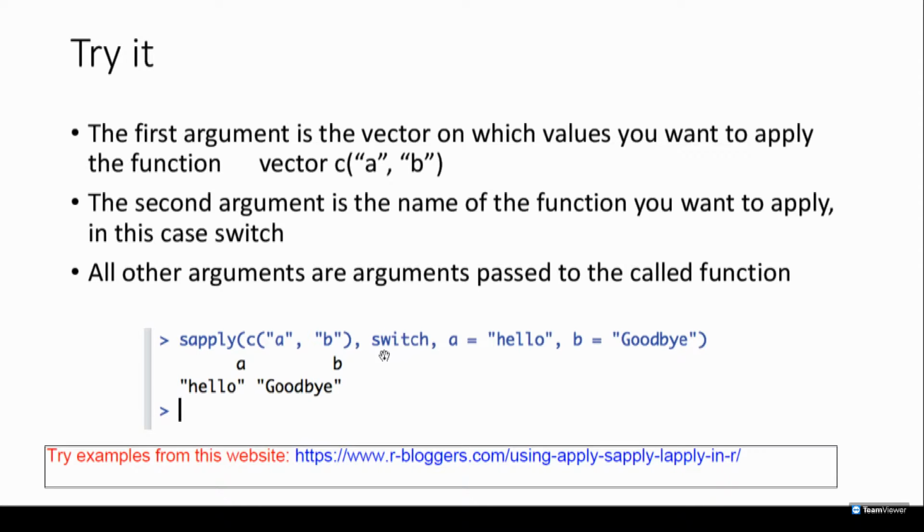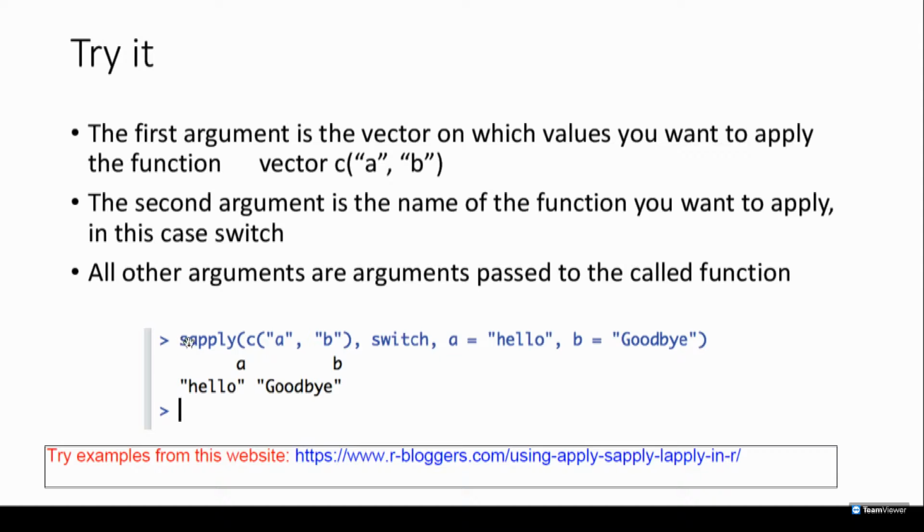So we want to run the switch function. If you remember, the syntax of switch is switch, and the first argument will be the vector, and then our arguments will be the results based on whatever the vector value is; you switch and choose particular values depending on what your vector has.